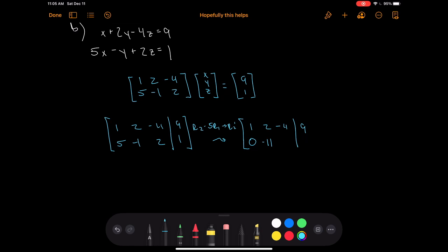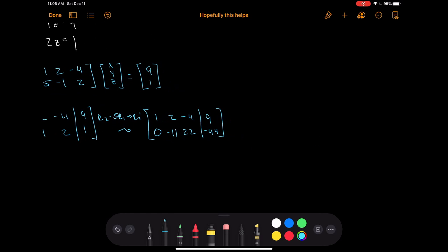And then negative 4 times negative 5 is 20, plus 2 would be 22. And then 9 times 5 is 45, times negative 1, and then plus 1 would be negative 44. And this is really nice because the bottom part is all multiples of 11.